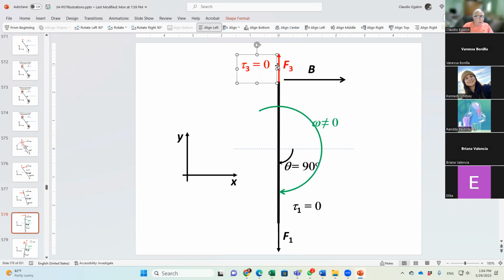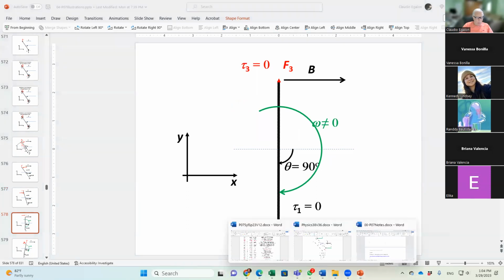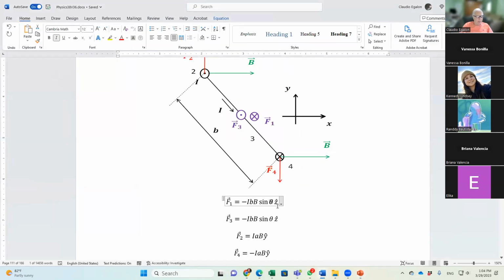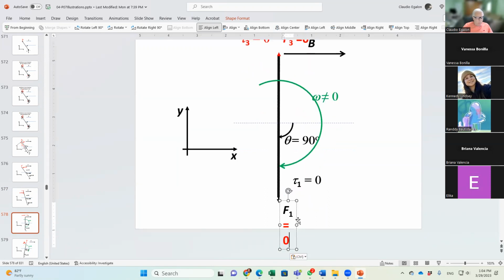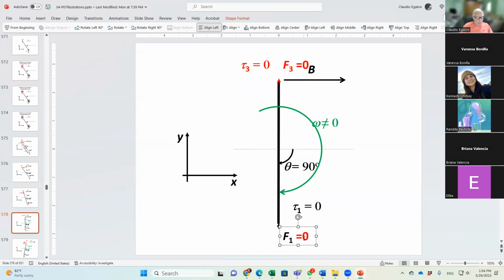At this point in time, F1 and F3 are going to be 0 because of that angle, theta equal to 0. F1 equal to 0, and the other one equal to 0 as well. And the torque is going to be 0 as well.